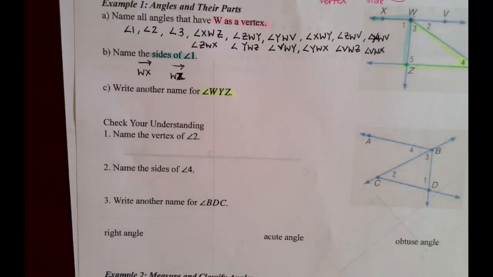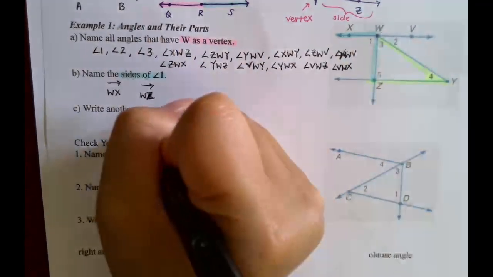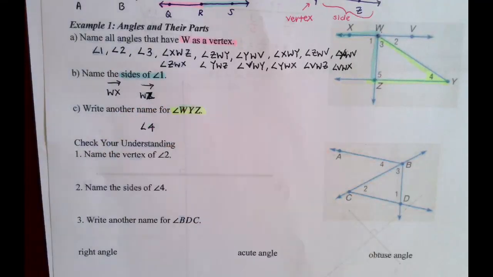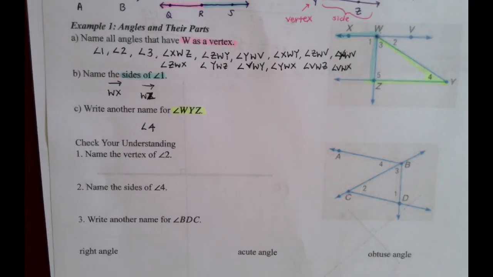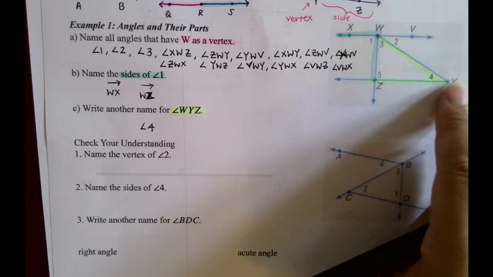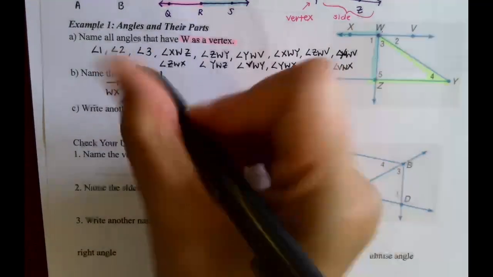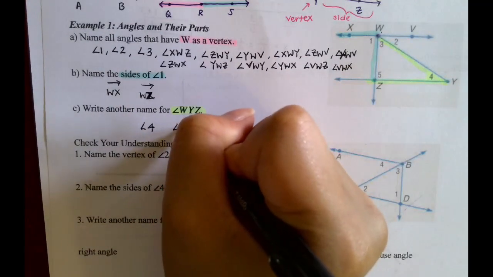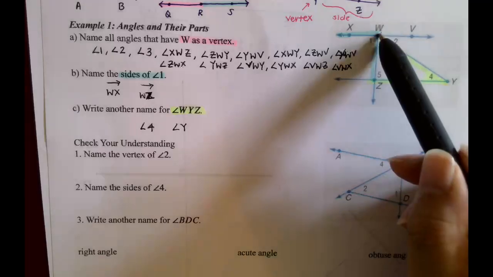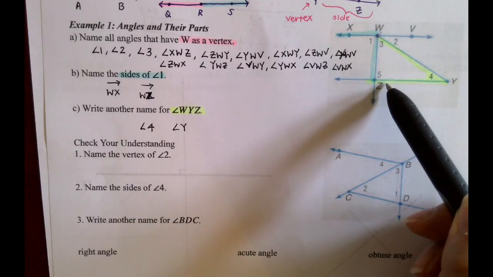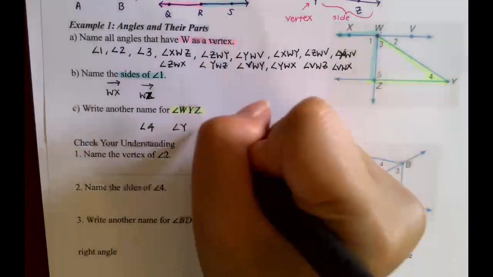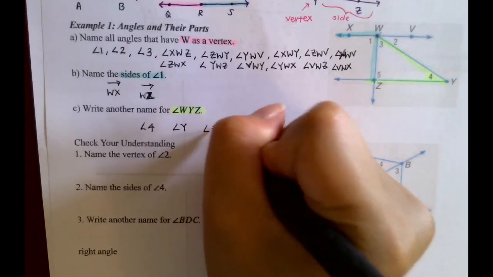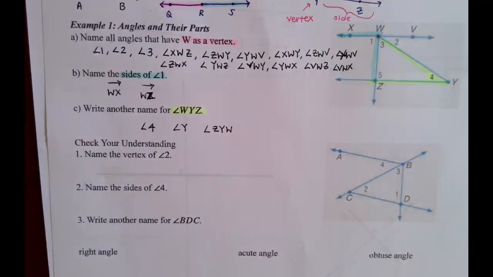Since it's labeled with a 4 here, you can name it angle 4, or, because in this case Y only has this one angle, you can also name it as angle Y. Or, since this one is WYZ, you can go reverse order, ZYW. All of them are valid other names for this exact same angle.